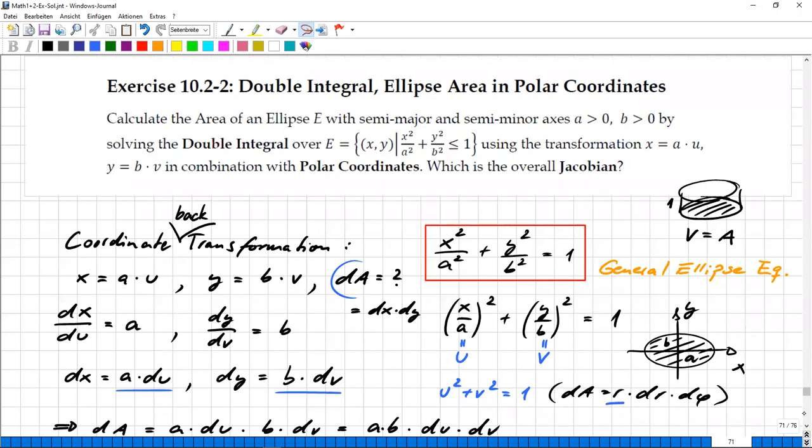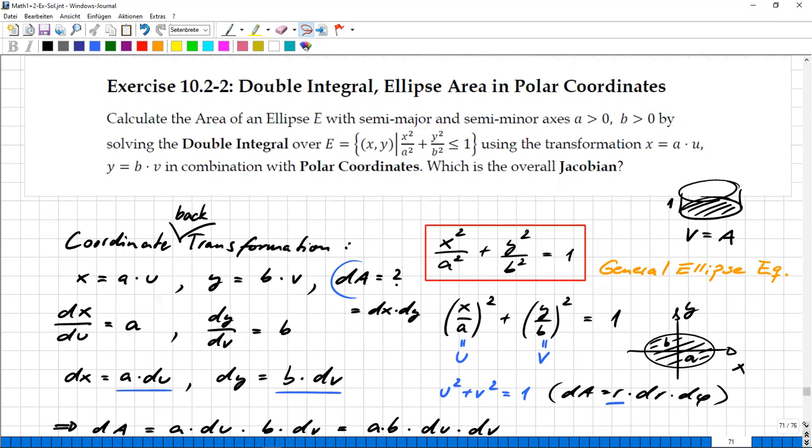And now inserting this substitution or transformation into our equation, it gives us, look here, I just put this x over a in parentheses, then square, and x over a, sorry, equals u, of course, by this transformation. Also y over b equals v, and this means my equation transforms to u squared plus v squared equals 1. And now, in the new coordinates, we have the famous equation of a unit circle.